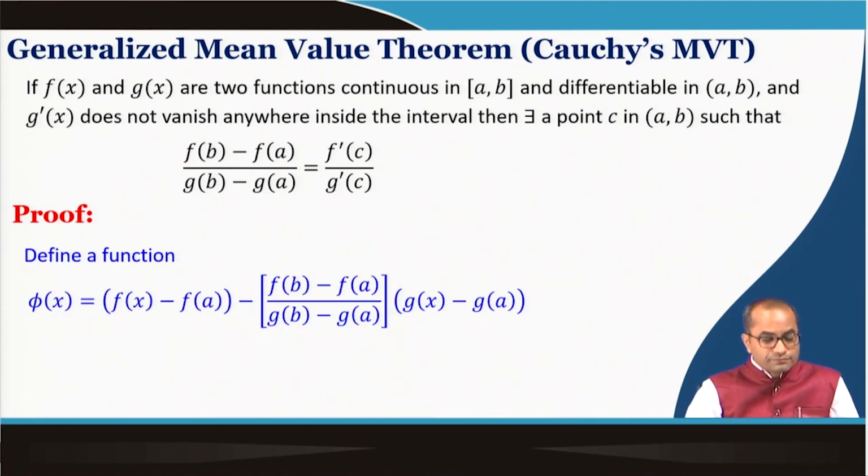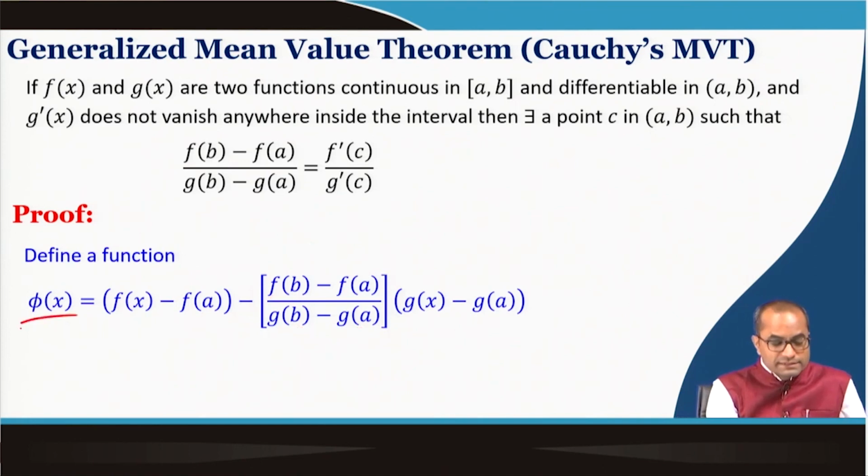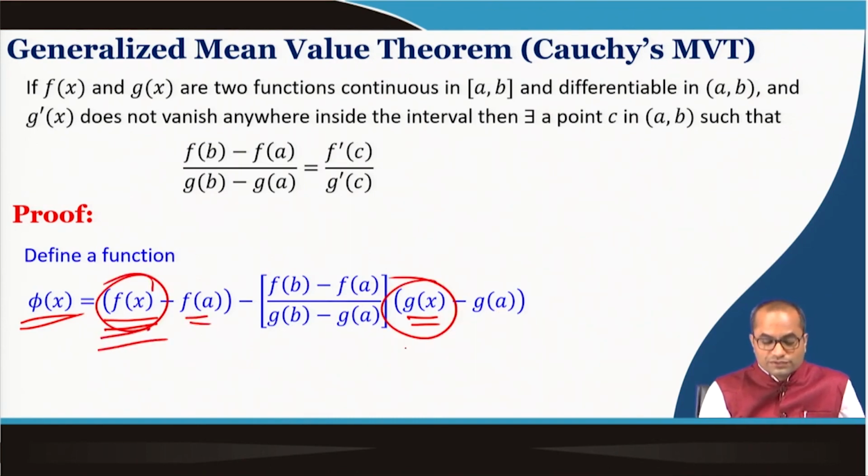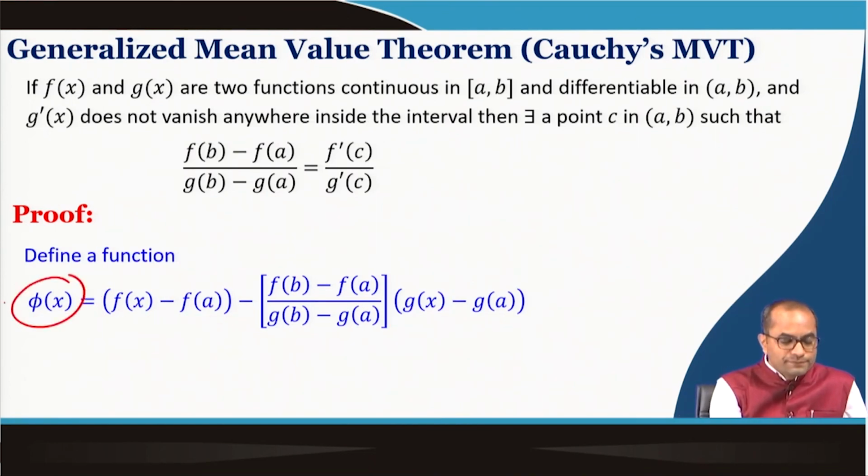This is our function phi x, and again one can check that all the conditions of Rolle's theorem are met. The f is continuous, the g is continuous, so naturally this function is continuous, because all others are fixed values, only g x and f x vary. Differentiability is also fine because f is differentiable and g is also differentiable. So, phi x is continuous and differentiable.